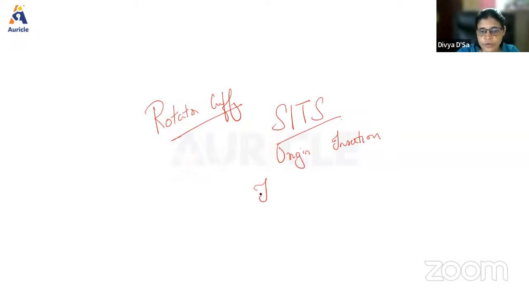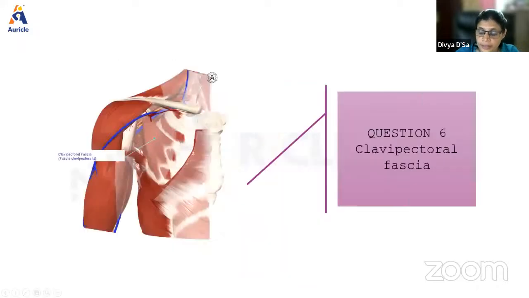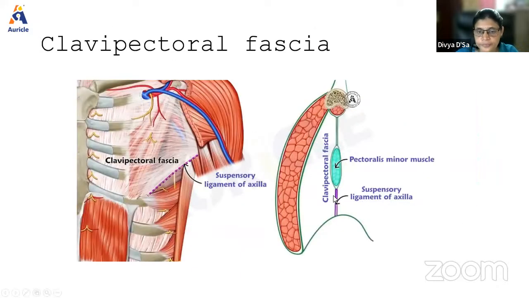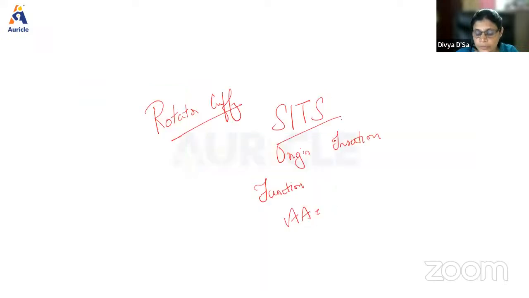And their function: it basically holds the head of the humerus and provides stability to the joint by holding the head of the humerus against the glenoid. Then you write the applied aspects: rotator cuff tear, as well as tendinitis and impingement syndrome.